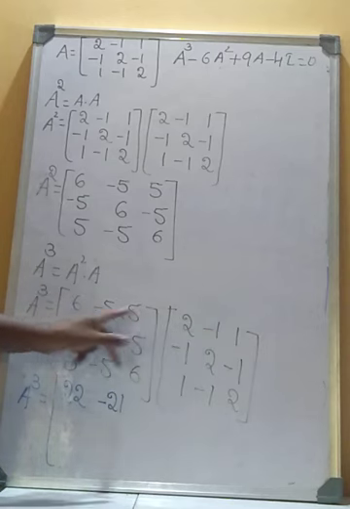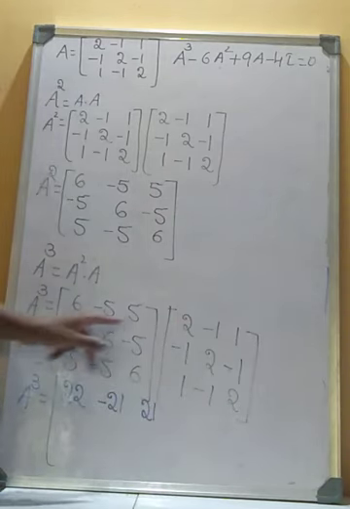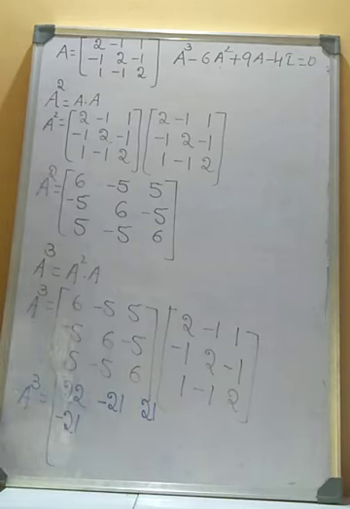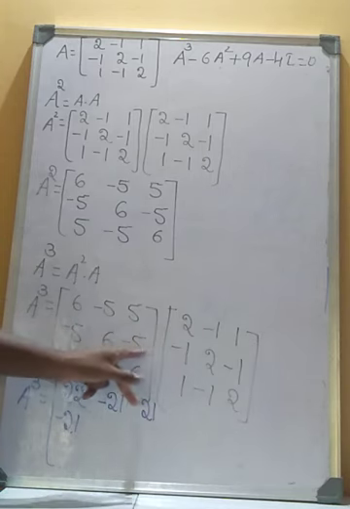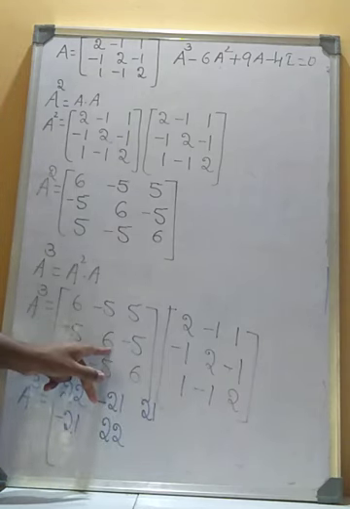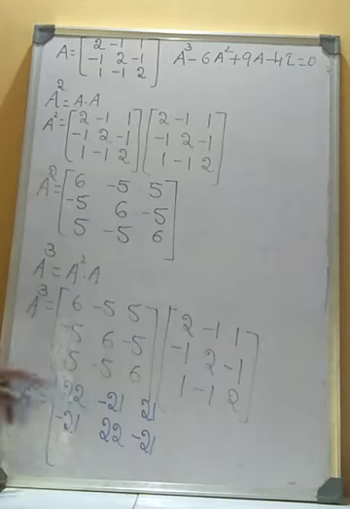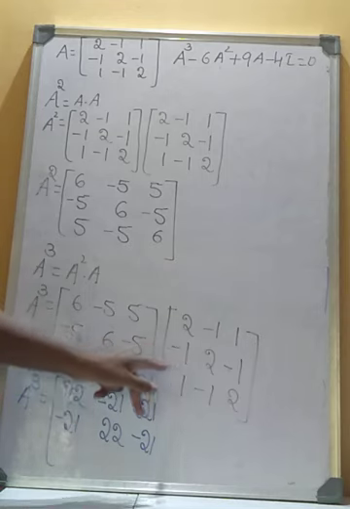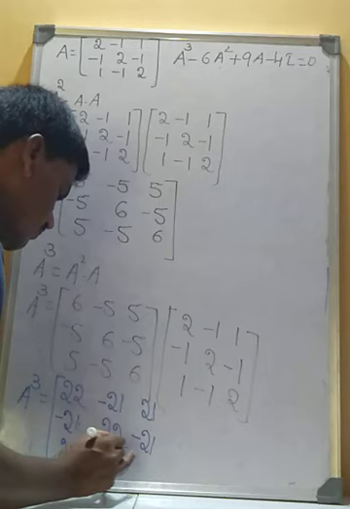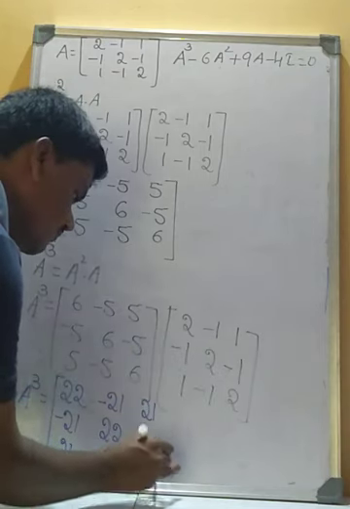The next, 6 plus 5 is 11, 11 plus 10 is 21, minus 10 minus 6 is minus 16, minus 5 is minus 21, plus 5 plus 17 is 22, and so on for the remaining entries. So that is A cube.